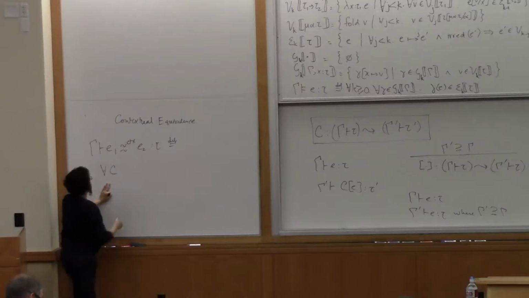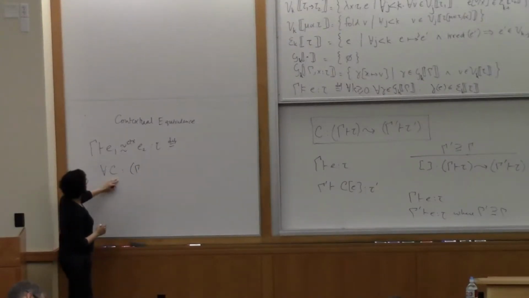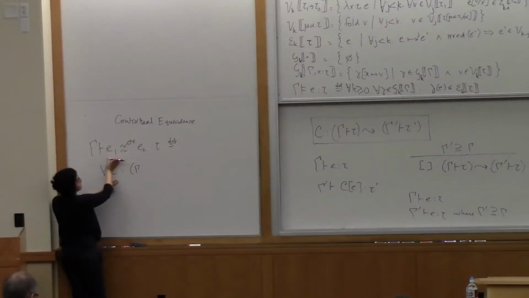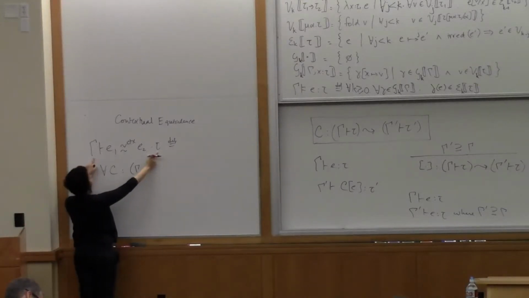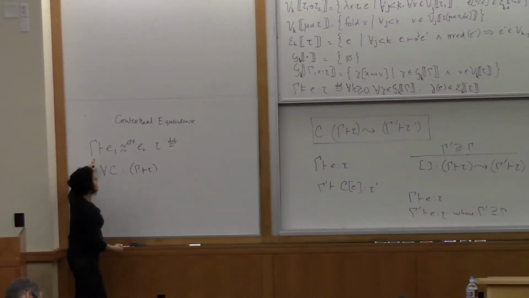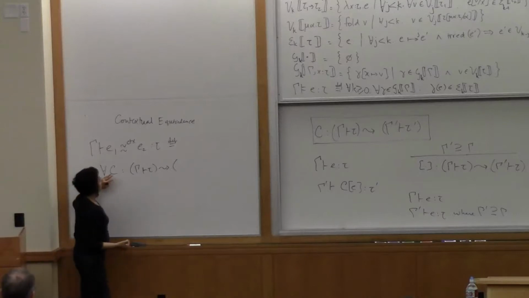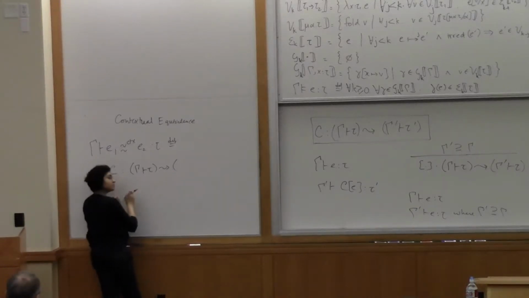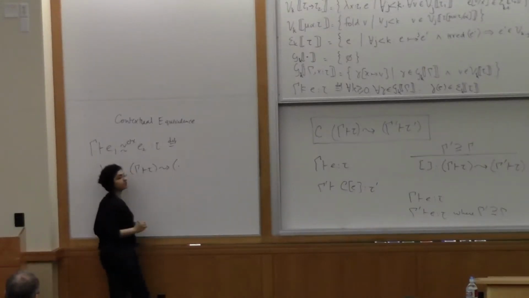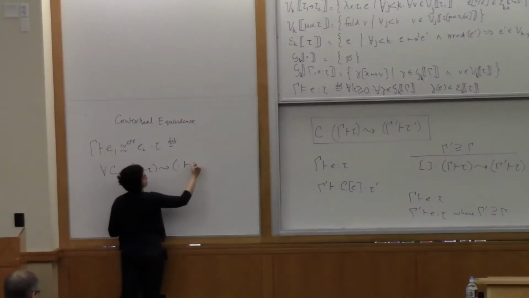All right? Okay. So here we can say if you give me a context. Now, the idea is that I want to be able to plug in these expressions E1 and E2 into the hole. So the hole of the context has to match this, right? The gamma tau. And the context has to be such that when you plug in the hole, you get a closed expression of some arbitrary type.